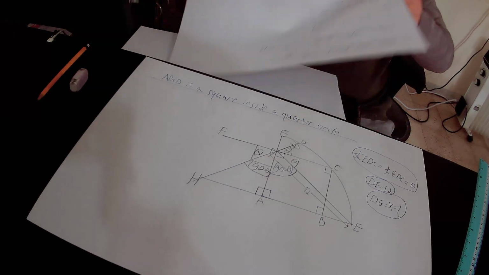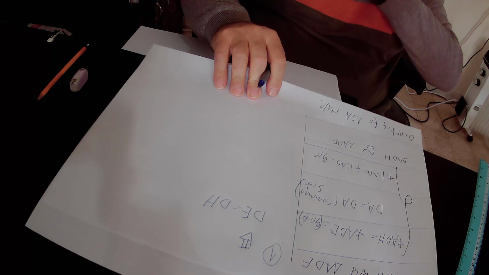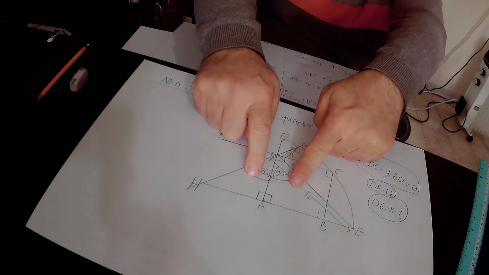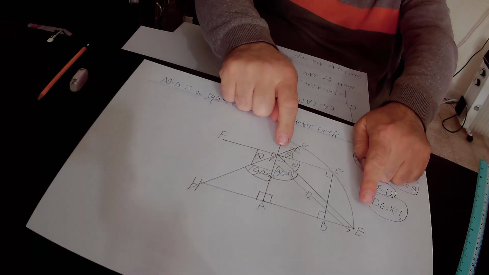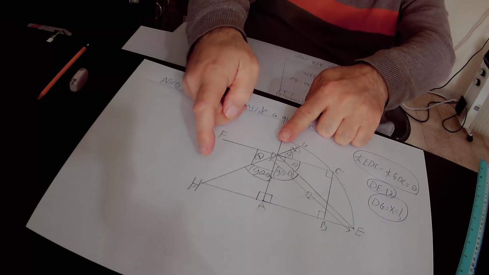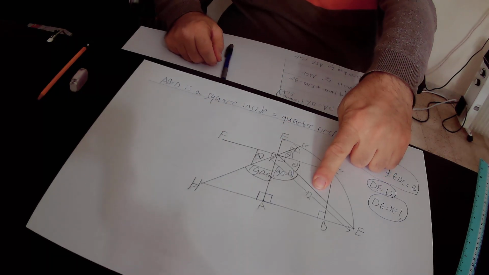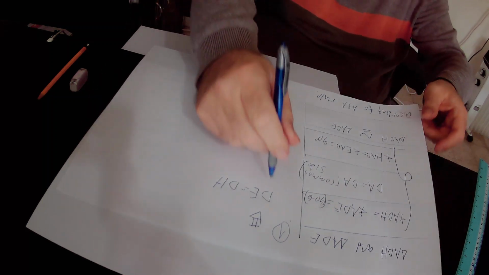Repeat again, we derive that DE equals DH according to the rule that corresponding sides in congruent triangles are equal to each other. Those two triangles are congruent, therefore the two corresponding sides, DE and DH, must also be equal to each other. But DE equals 12 units according to what is given. So we can write here that DE equals 12.